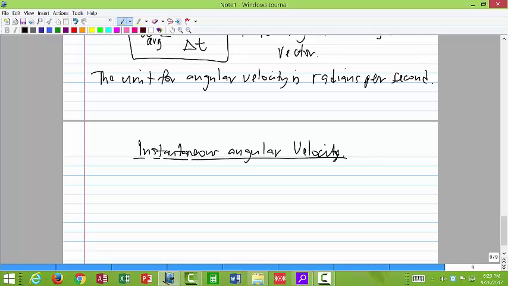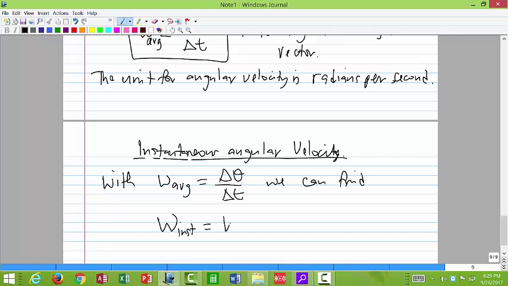We can do the same here. With omega average equal to delta theta over delta t, we can find omega instantaneous, and we can just write that as omega, equal to the limit of delta t approaching 0 of delta theta over delta t, which then becomes d theta dt. So the instantaneous angular velocity is just d theta dt.